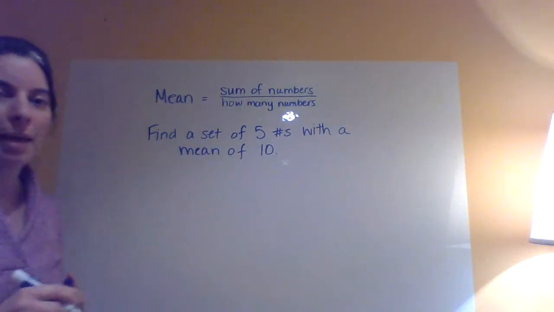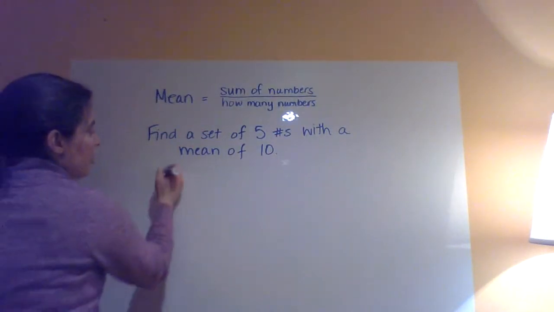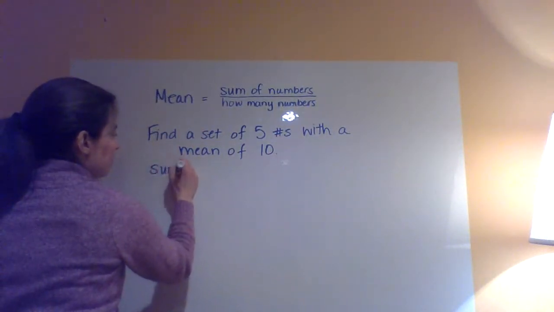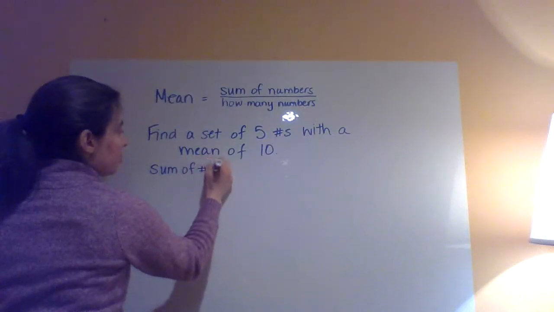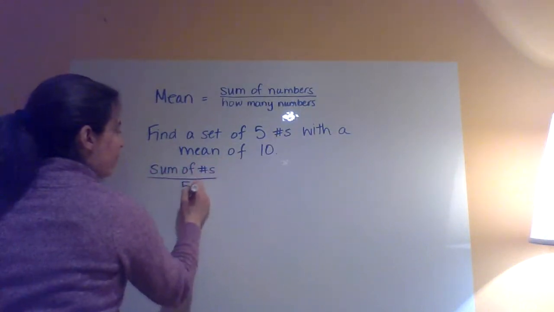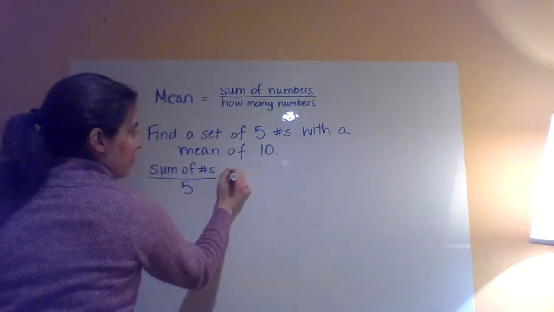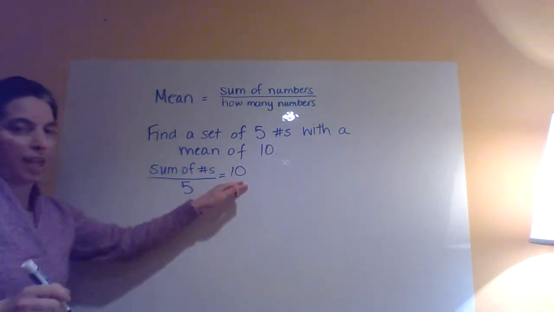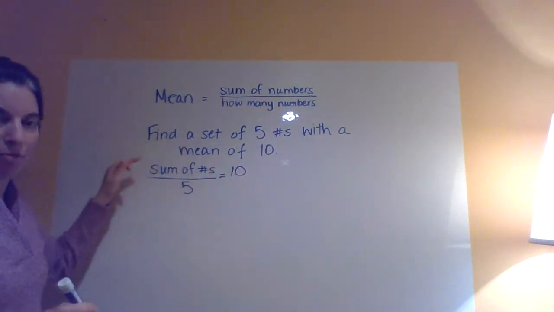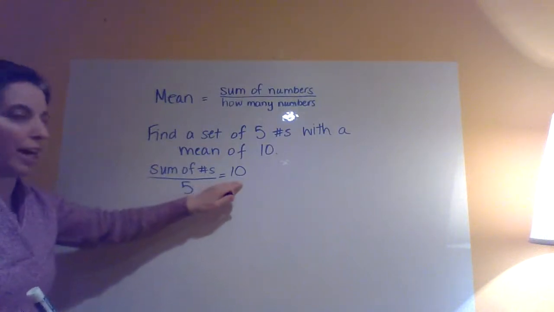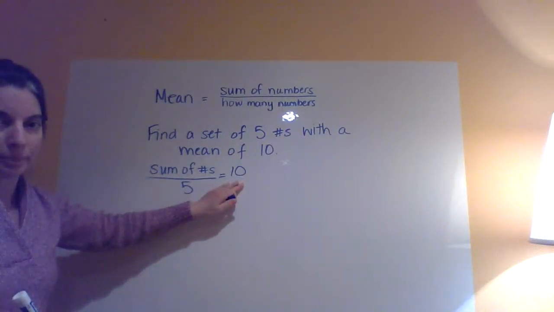Okay? So what that means is that when I take the sum of those numbers and I divide it by 5, because there are 5 of them, that's going to have to equal 10, because that's how I find a mean. I take the sum of my numbers, I divide by 5, that's going to be my mean.